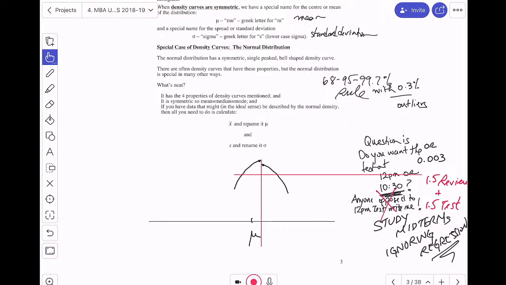They're off center, so I will just redraw this.